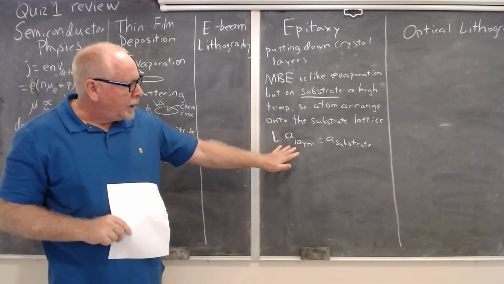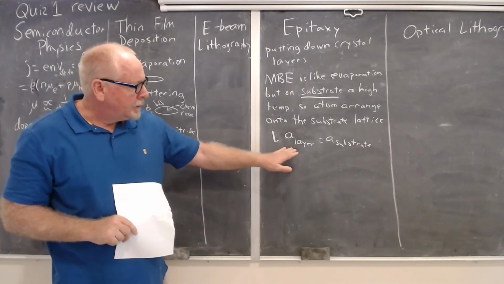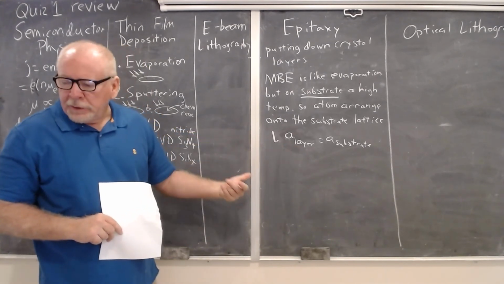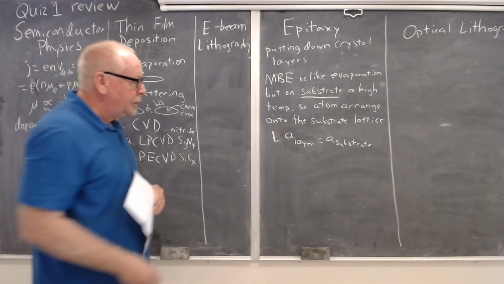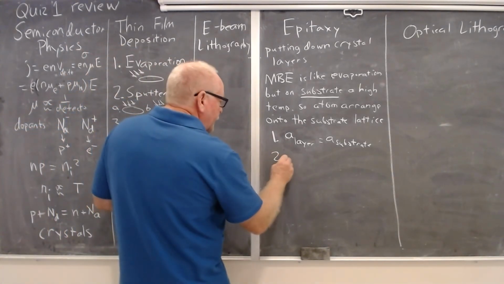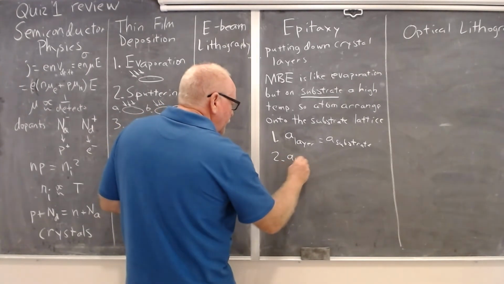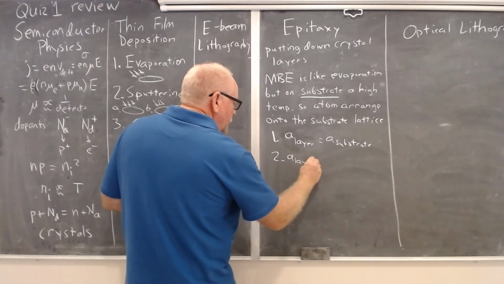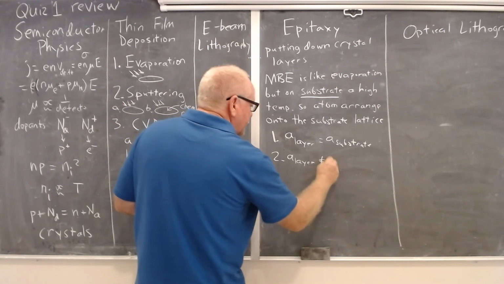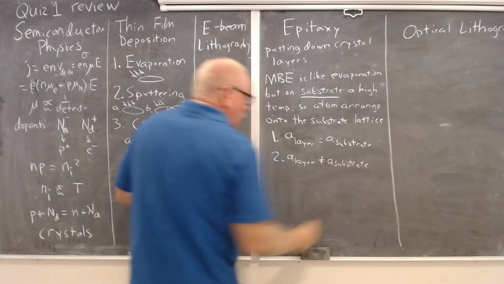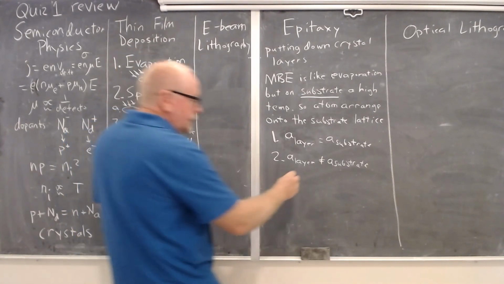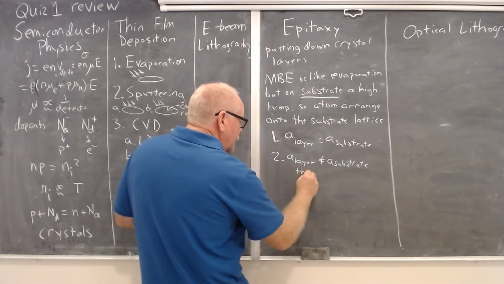You can have where the layer's lattice constant equals that of the substrate, and that's very, very happy, of course, because then it just grows and you can just do whatever you want. Okay, there's where the layer is not equal to the substrate. And for that there's a thickness limit.